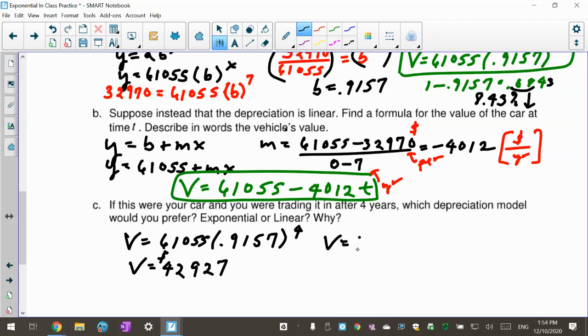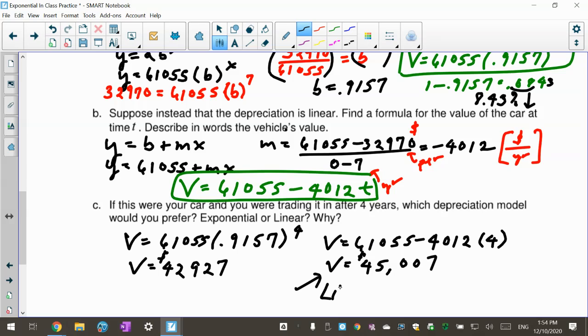Now the linear one is 61,055 minus 4012 times 4. So the value here is going to be $45,007. And in this case, linear wins, because if it was my vehicle, that's what I would want to trade. And remember, it only works here because I said 4 years. If it was 6 years or 7 years, it might change.